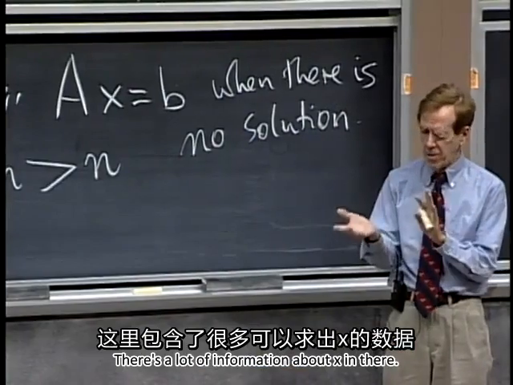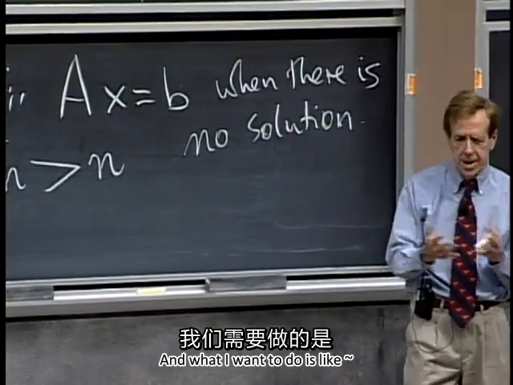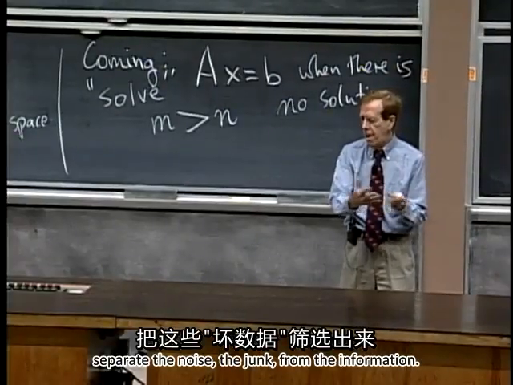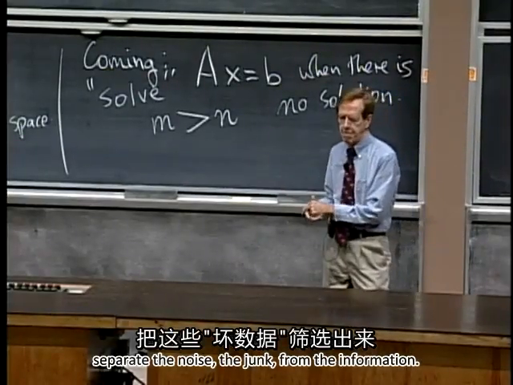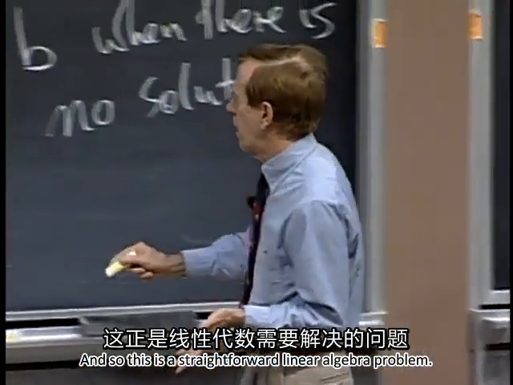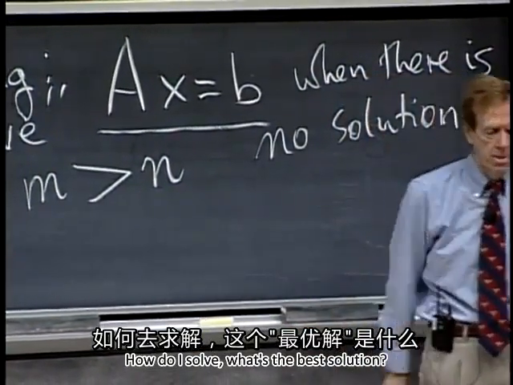There's a lot of information about x in there. And what I want to do is separate the noise, the junk, from the information. And so this is a straightforward linear algebra problem. How do I solve? What's the best solution?